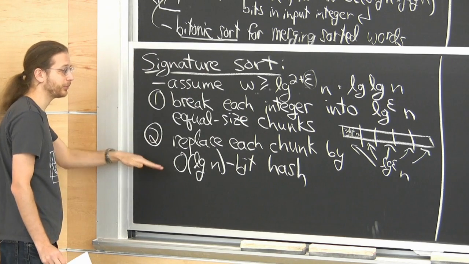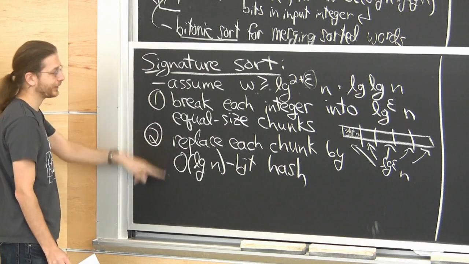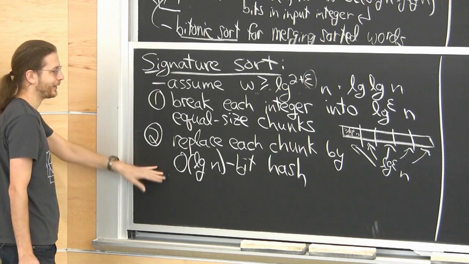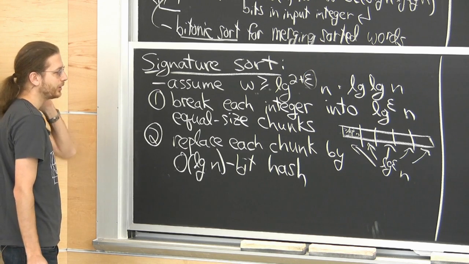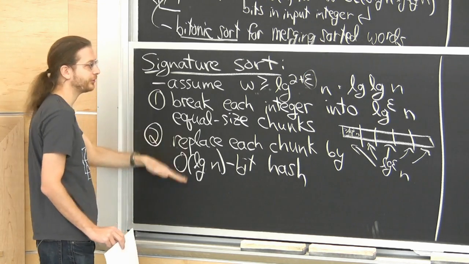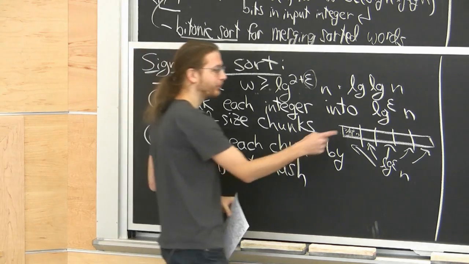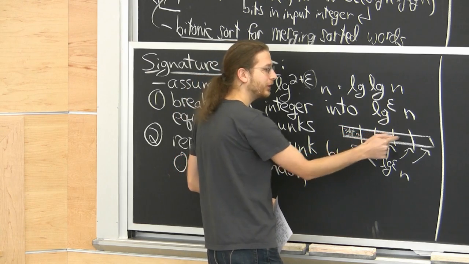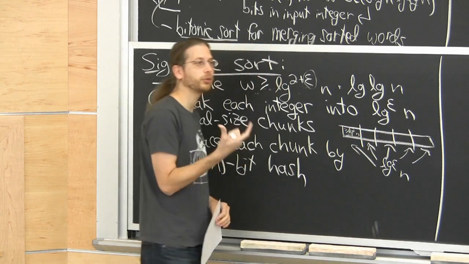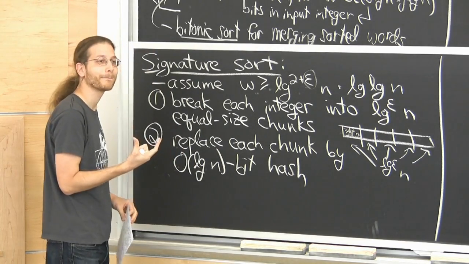So I'm omitting a couple things here. One of them is, I want to do this in linear time. Everything has to be in linear time. So one fun part is I have to compute the hash value of all of these digits in a single word in constant time.